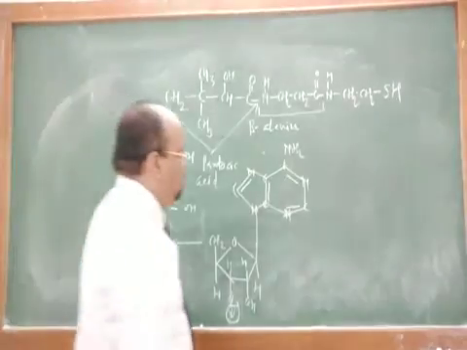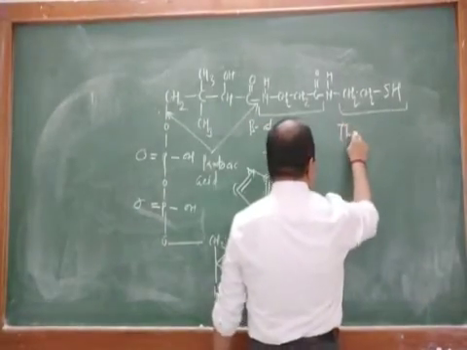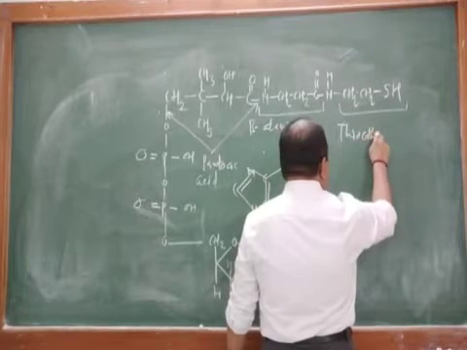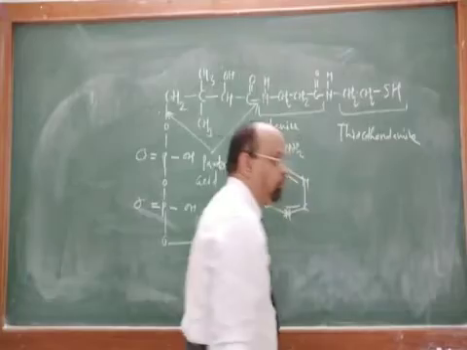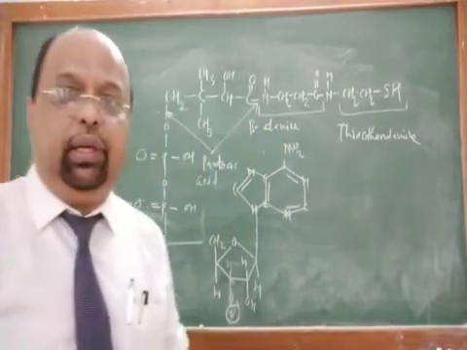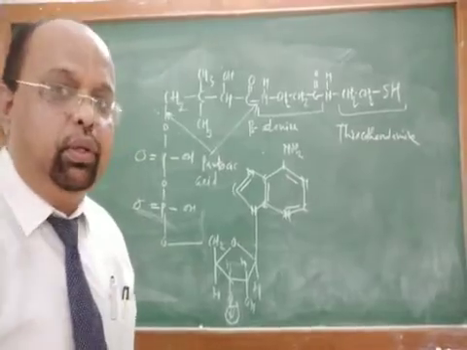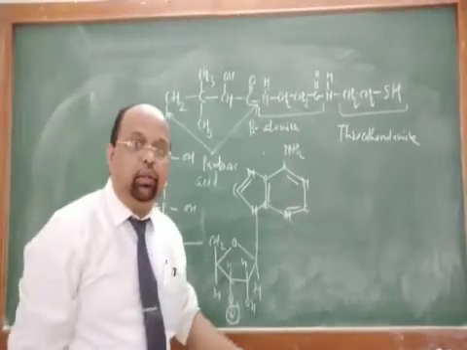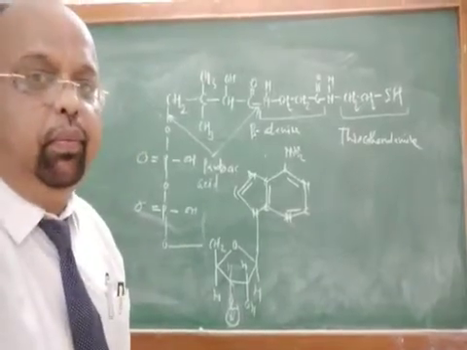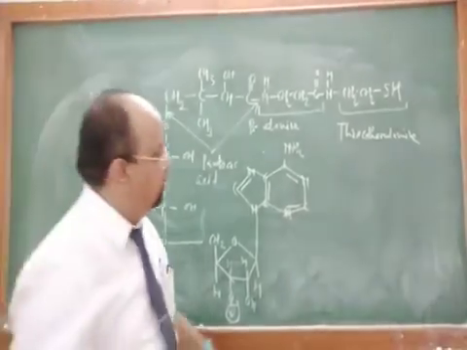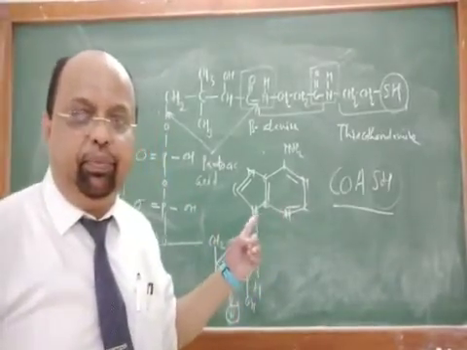And this last part is called thioethanolamine. So this is the structure of pantothenic acid.